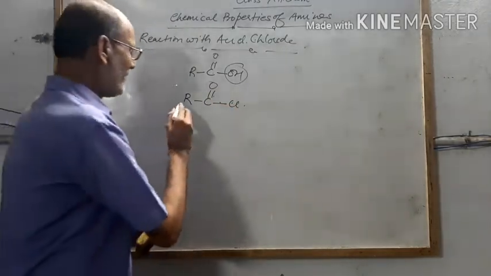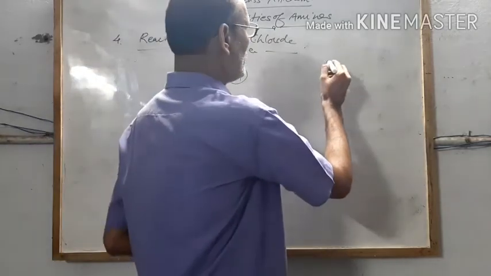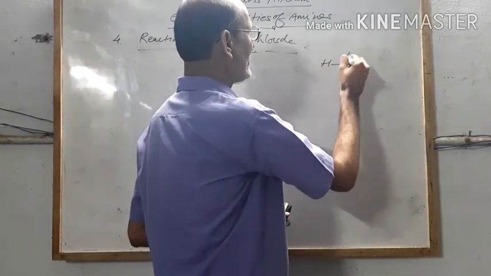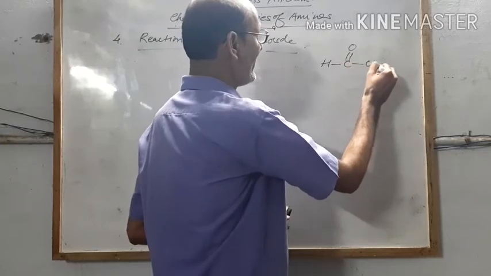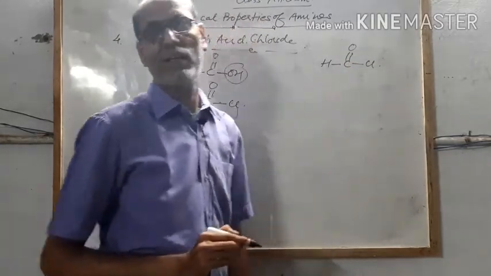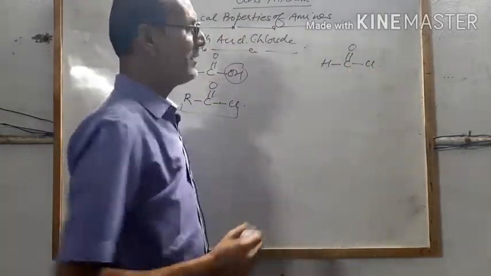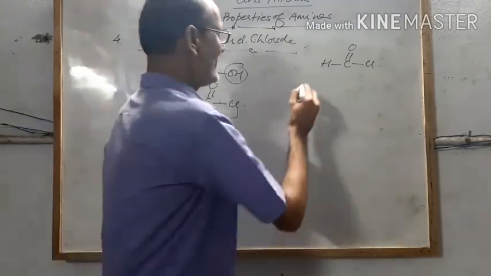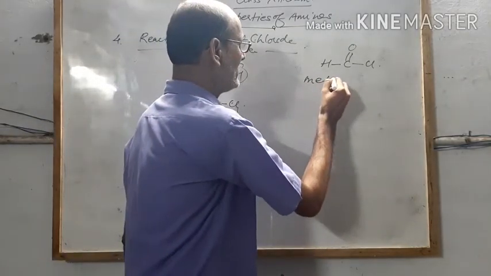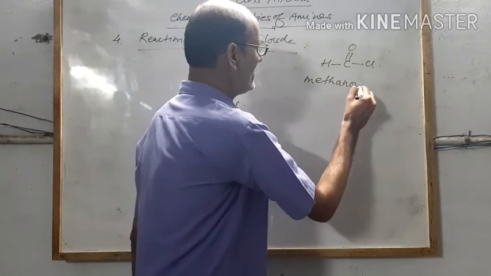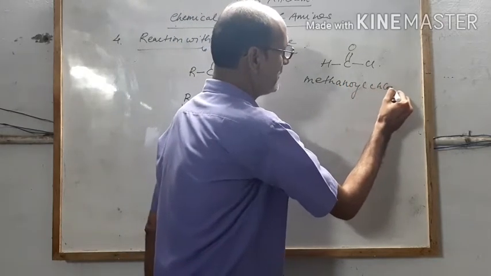If we write an example, the first member will be H-COCl. What will be the IUPAC name of this HCOCl? It is methanoyl chloride.